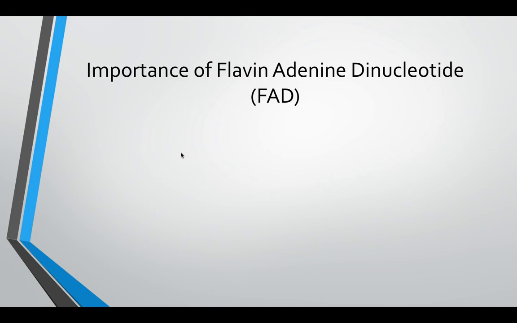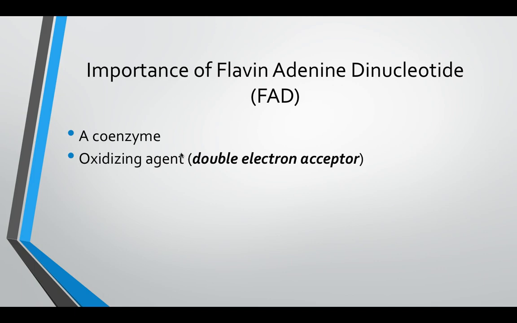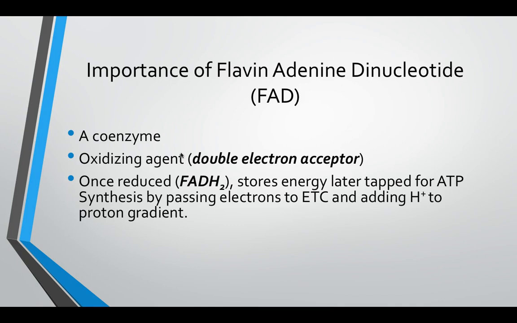FAD is flavin adenine dinucleotide. It is also a coenzyme, but it is a double electron acceptor. It's an oxidizing agent, but it's a double electron acceptor. Same process as NAD. It's going to donate those electrons to electron transport, the protons to the proton gradient.